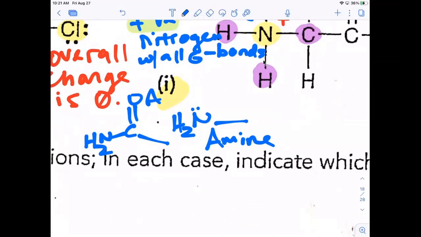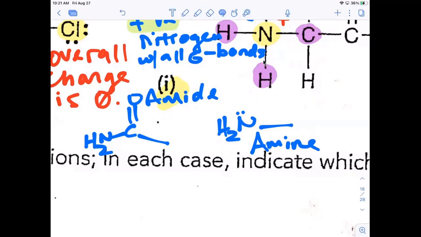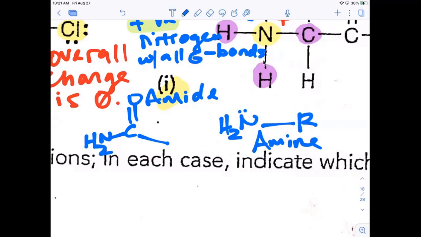So the amine, I'm going to put an R group out here. And nitrogen in its normal, lowest energy state has 3 bonds and a lone pair.